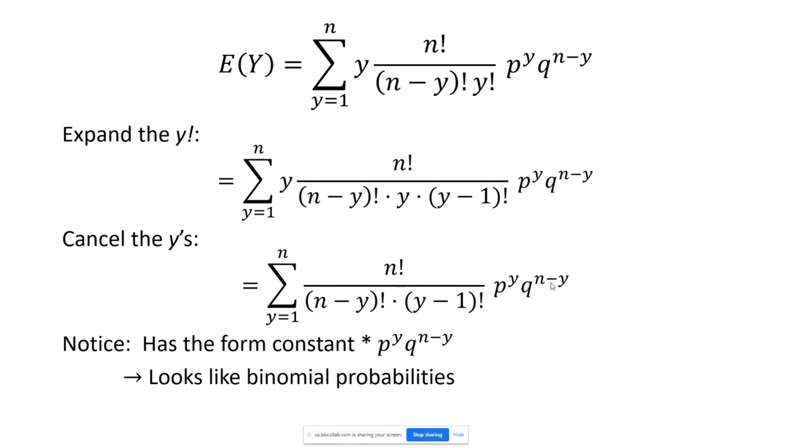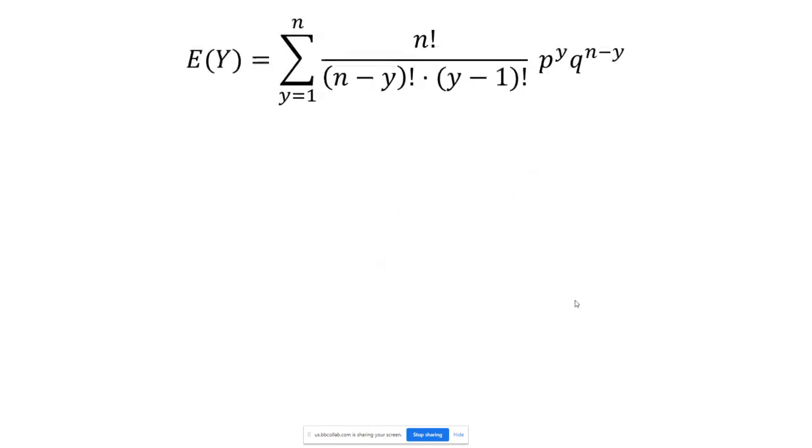So let's see if we can make it look more like the probabilities from a binomial distribution. We can do this by using a substitution of variables. Let m equal n minus 1, and let z equal y minus 1.